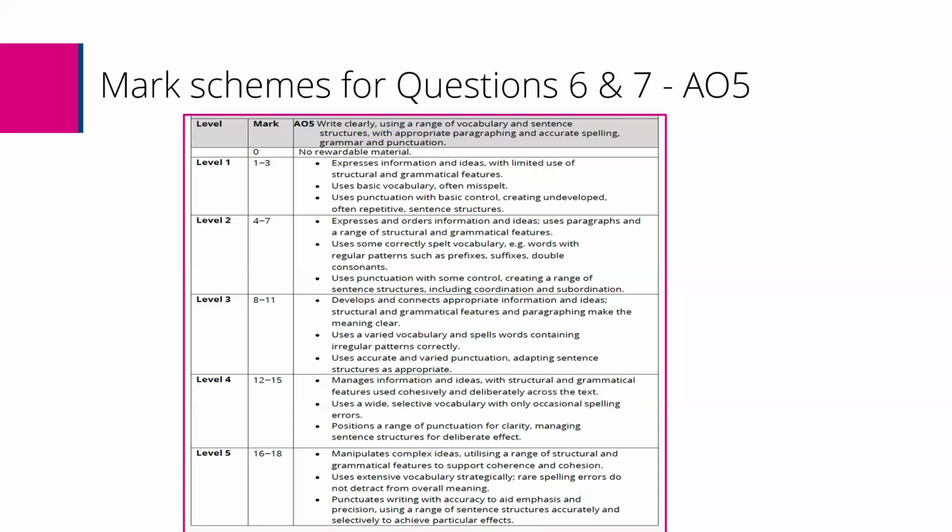So expresses information in level 1, expresses and orders information in level 2, develops and connects information and ideas in level 3, manages it in level 4, and manipulates complex ideas with a range of structural and grammatical features in level 5. In terms of vocabulary: level 1, basic; level 2, correctly spelt; level 3, varied; level 4, wide selective vocabulary; and level 5, extensive vocabulary used strategically.